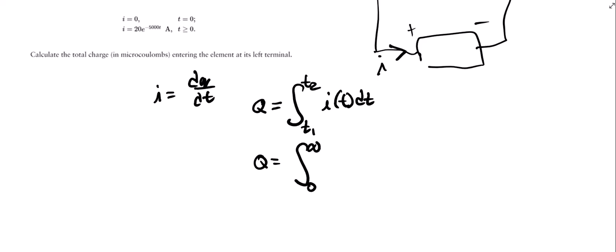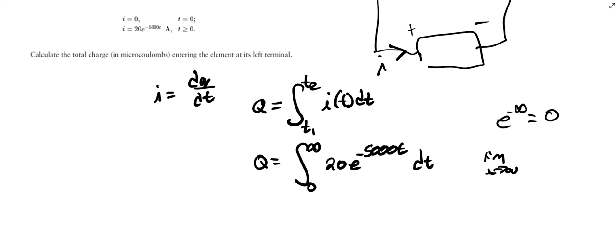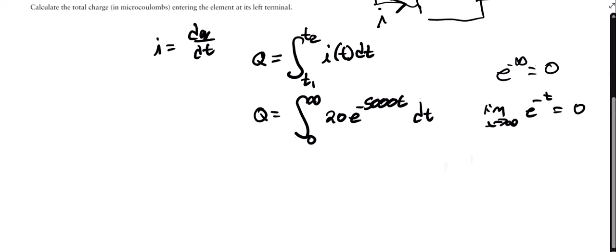But it says total, so that means it goes to infinity, of 20 e to the minus 5,000 t dt. We've got an exponential with a negative exponent, and you'll run across those a lot. It's important that it have a negative exponent because as t goes to infinity, we need this to go to 0, since the limit as t approaches infinity of e to the negative t is 0. We can't have this charge growing without bounds.